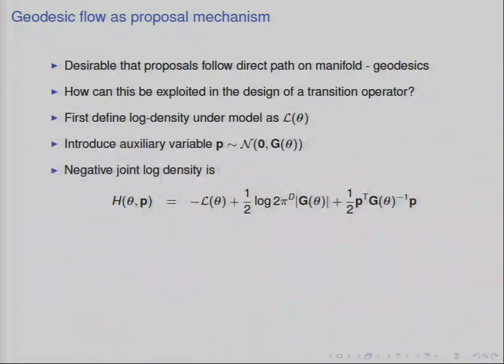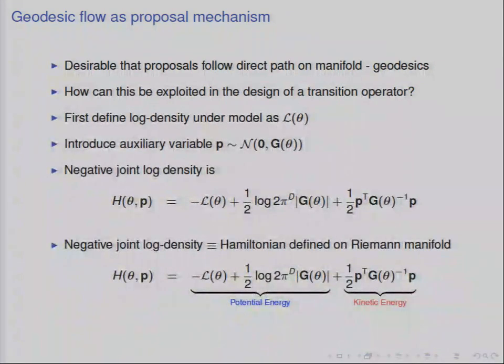You know that we can interpret this physically as the total energy. And so what we've got here now is the overall potential energy has now been expanded because we've got the determinant associated with the normal distribution, and this determinant is no longer going to be just an arbitrary constant. It's going to be a function of the current position, and it turns out that this is in actual fact the measure on the manifold, but we can ignore that for the time being.